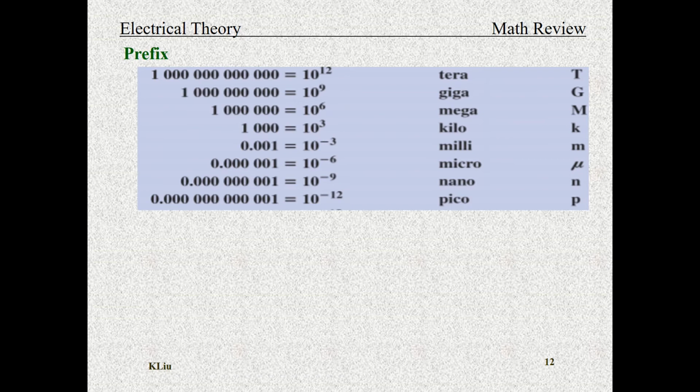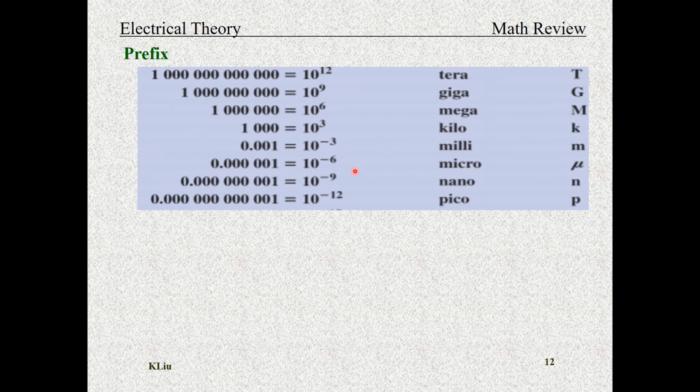Now let's review them quickly. 10 to the power of 12, tera, simple capital T. 10 to the power of 9, giga, simple capital G. 10 to the power of 6, mega, simple capital M. 10 to the power of 3, kilo, simple lowercase k.